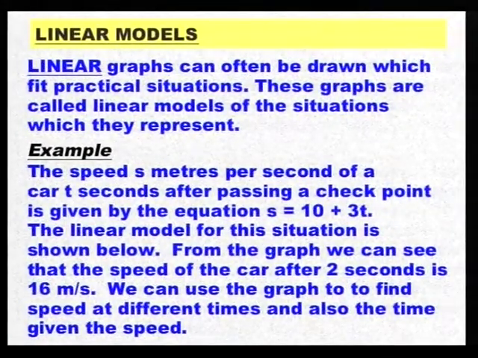All right, linear graphs can often be drawn which fit practical situations. These graphs are called linear models of the situations which they represent. We've got an example: the graph of the speed s meters per second of a car t seconds after passing a checkpoint, given by the equation s equals 10 plus 3t. Does that look like y equals mx plus c?